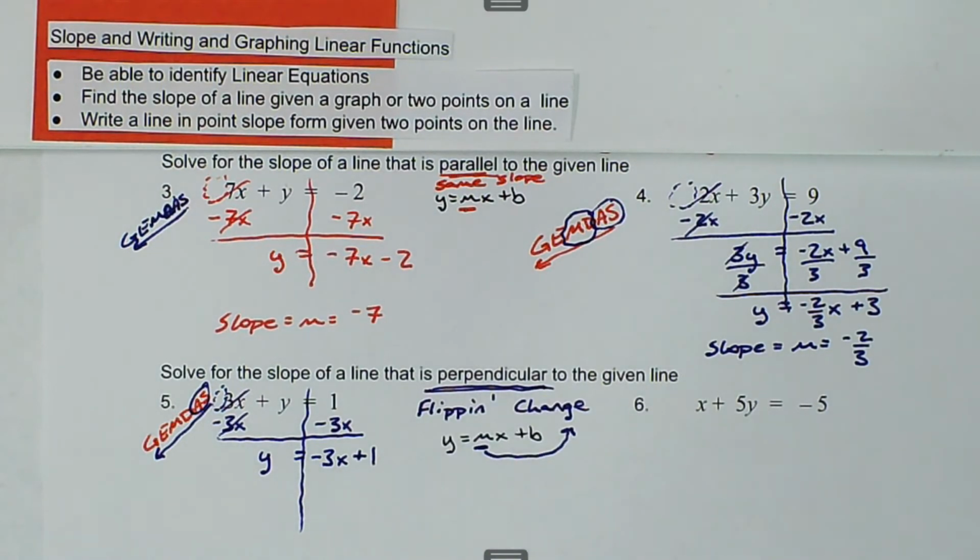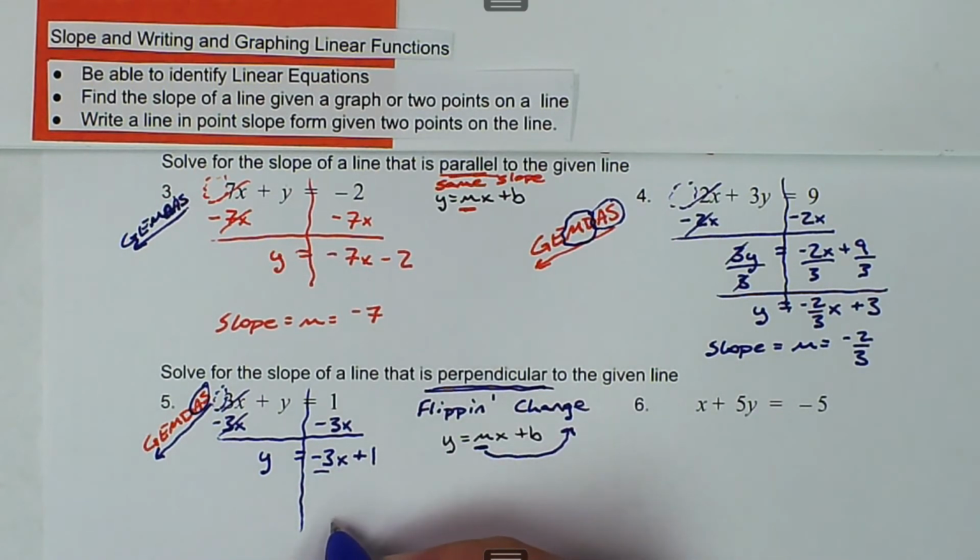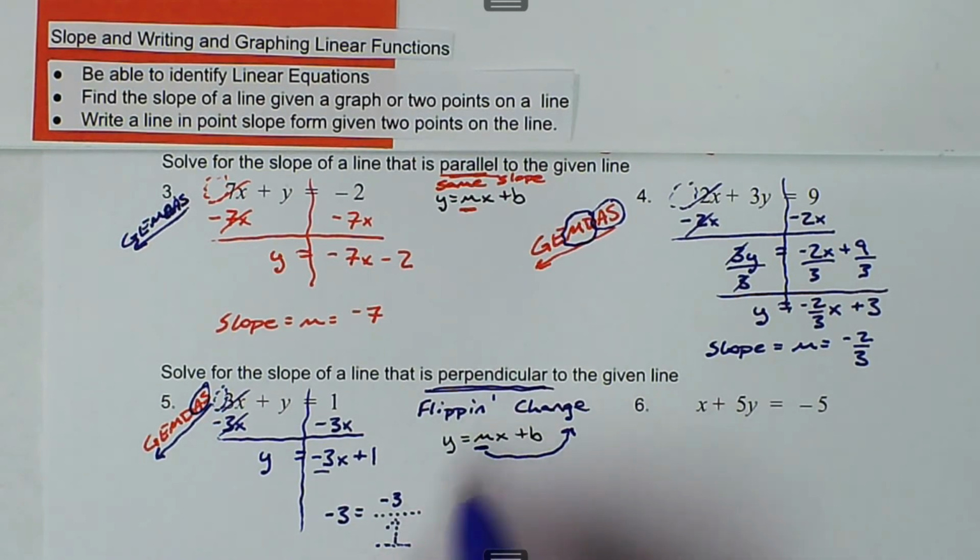So perpendicular means flip and change, and we want the coefficient in front of the x. So we know that it's negative 3. Another way we can write negative 3 is negative 3 over an understood 1, because if we divide anything by 1, it's still itself.